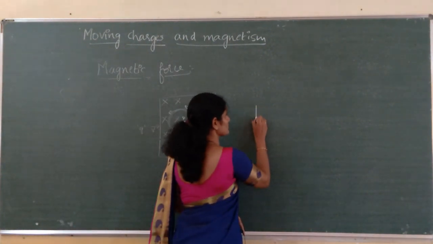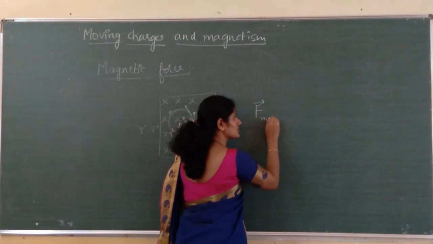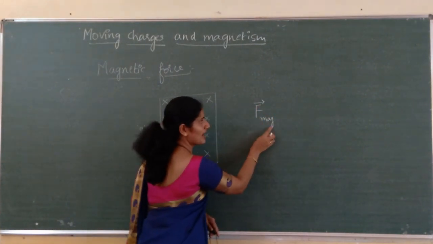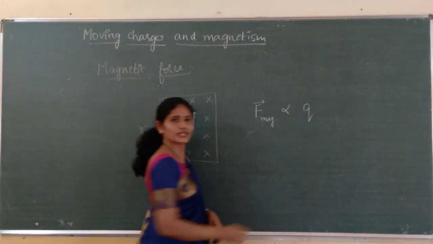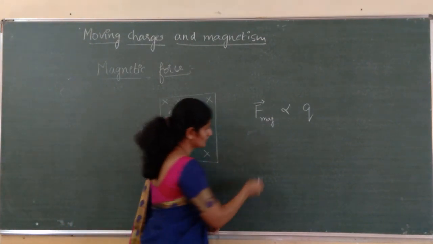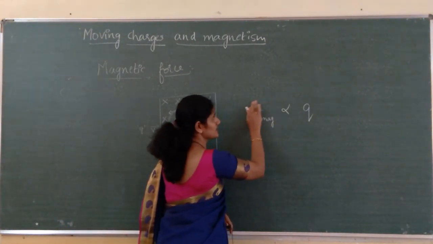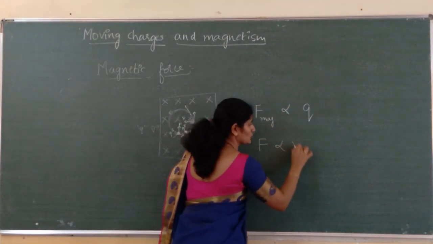So, the magnetic force F, force is a vector quantity, is directly proportional to Q. If Q is more, F is also more. Let us consider only the magnitude. F is directly proportional to velocity.